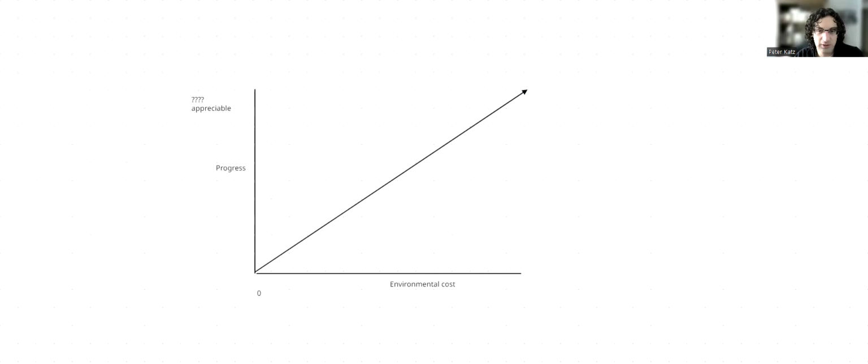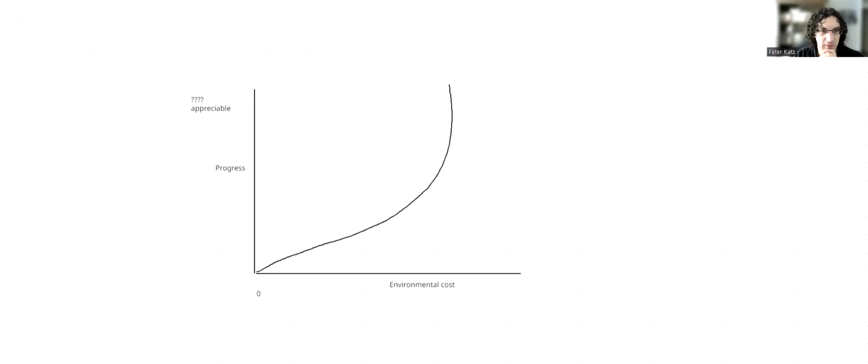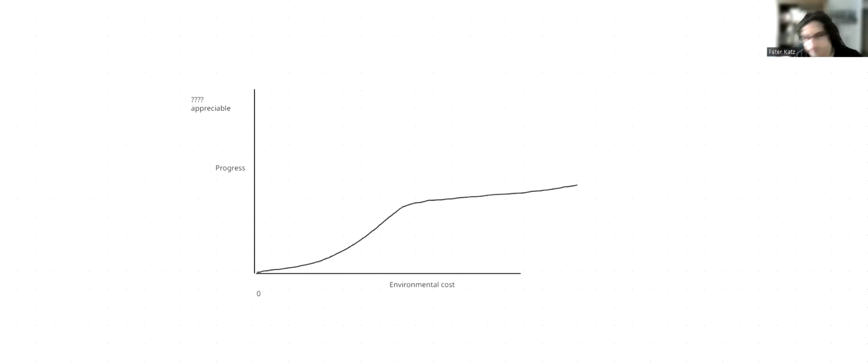The trouble is with environmental ethics that we don't really know at what point we reach a place where our curve begins to get out of control and we can't stop it anymore. Our curve begins to get out of control, and not in terms of the progress that we make, but in terms of the environmental costs.